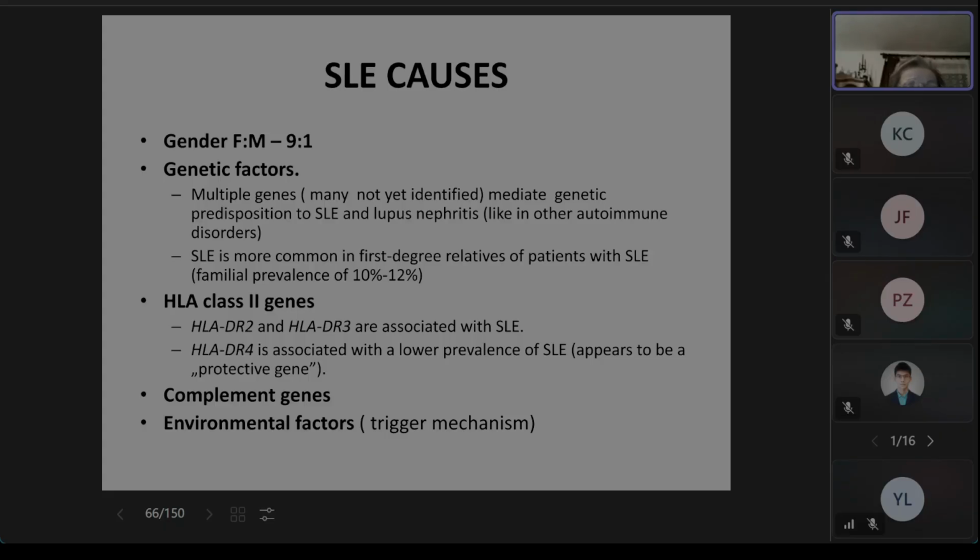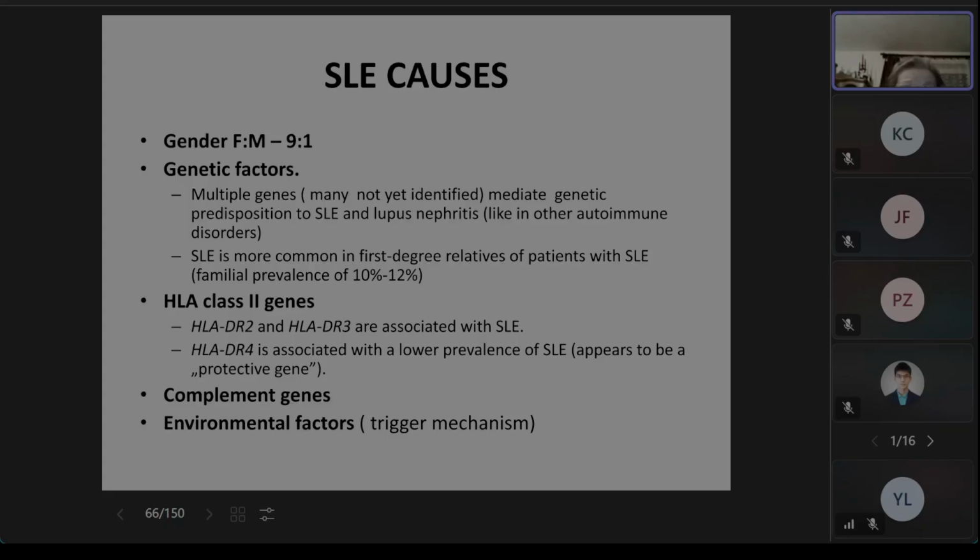Here are the causes. Up to now, we really don't know the proper causes of SLE, but first of all, it must be gender, also some genetic factors. It is postulated and found that HLA class 2 genes take part in forming SLE, also some complement genes, as well as environmental factors which can be trigger mechanisms.